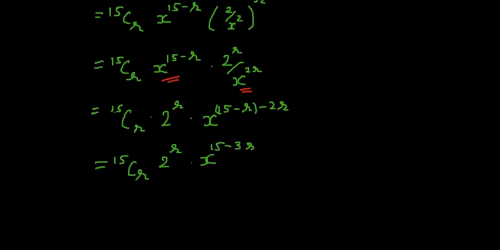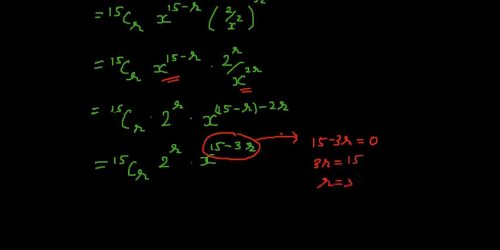Now as per the question we want the power of x to be 0, so we equate this part to 0. So 15 minus 3r equal to 0, 3r is equal to 15, so r is 5. If we keep r as 5 there, we are going to get the term having x raised to 0.